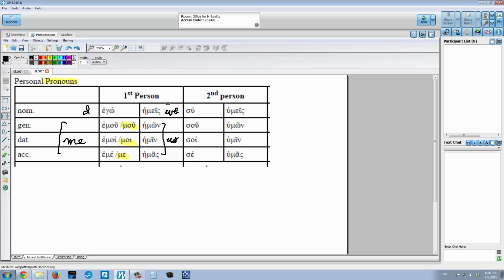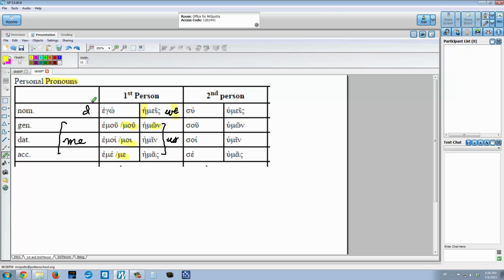In the plural, notice the we, hemeis. I often tell people to remember that the word for we starts with an E, like we ends with an E. Then there's hemon, you're used to that genitive plural ending. Hemin, dative plural, not exactly what you're used to.